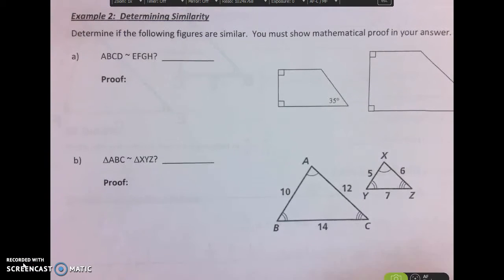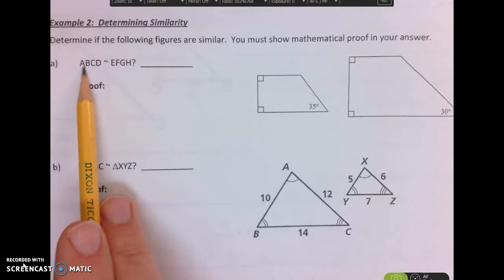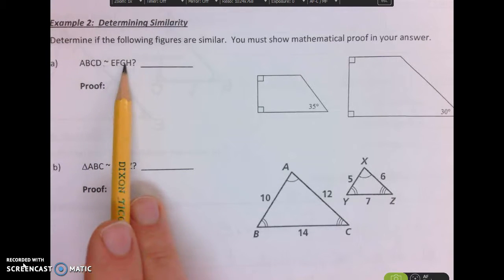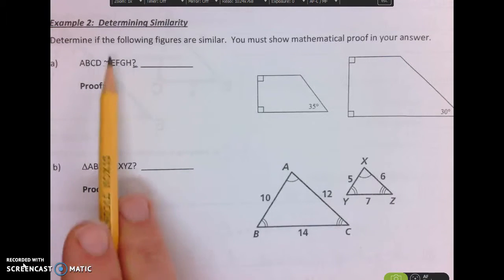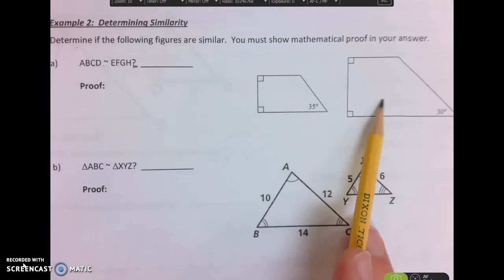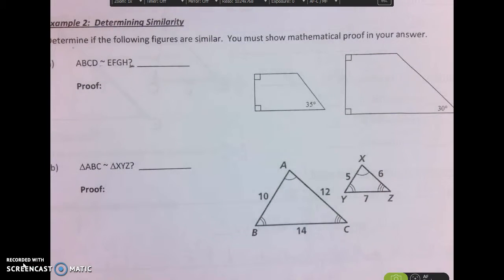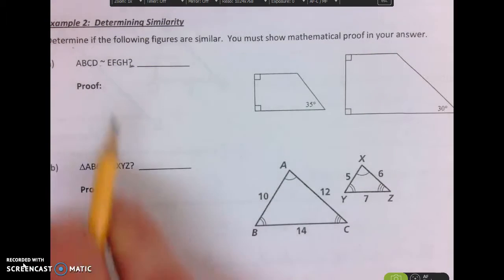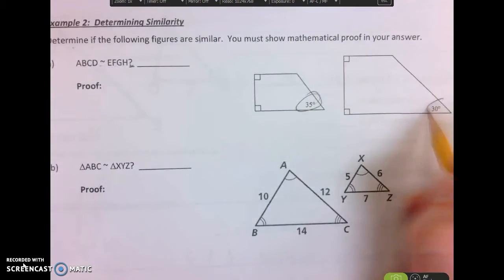Okay, again, take a second. It says that ABCD is similar to EFGH, notice with a question mark. It's asking you, determine if the figures are similar. So if you look at these pictures, tell me if they're similar. Take a second, look at them. All right, what you should have written down is, right there's a problem.